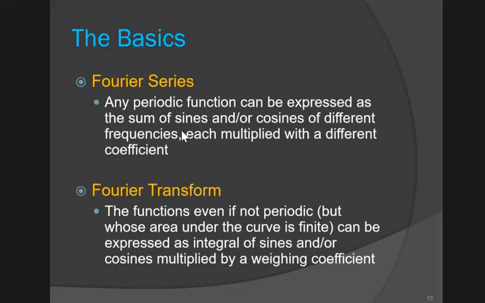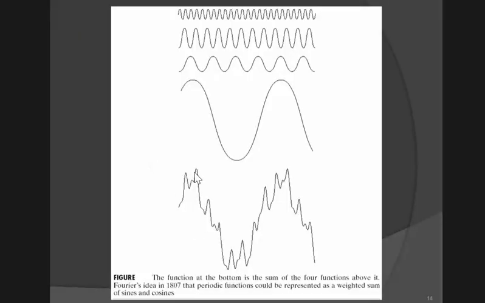So what is the basic idea behind the Fourier series and Fourier transform? Fourier says any periodic function can be expressed as the sum of sines and/or cosines of different frequencies, each multiplied with a different coefficient. Let me show you one graph. Now this is one signal.